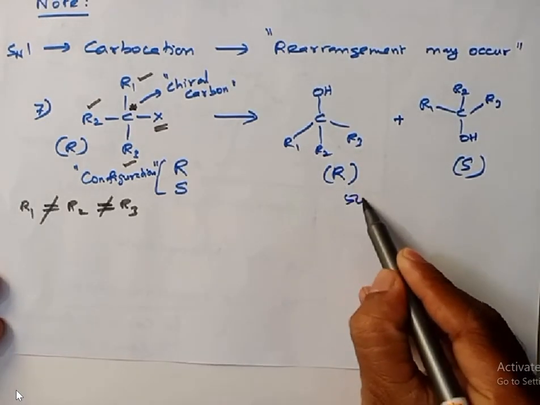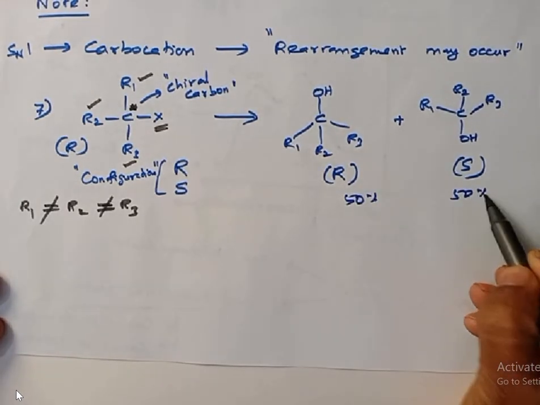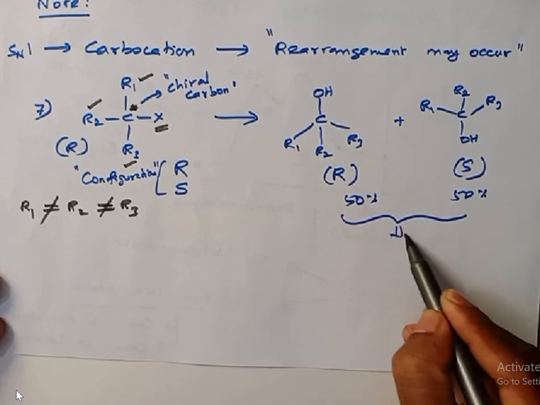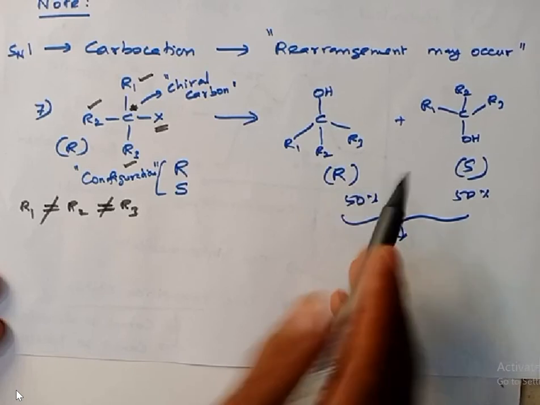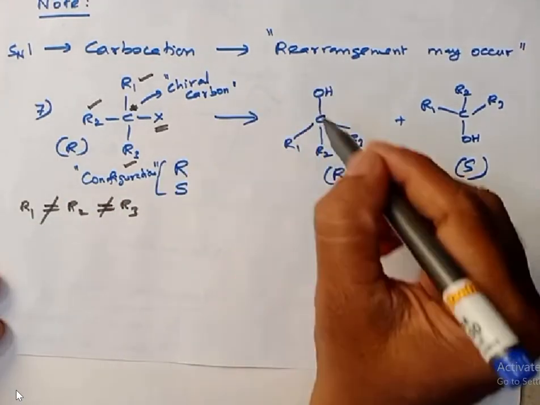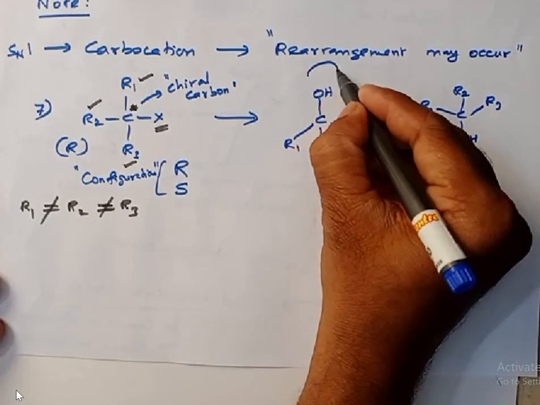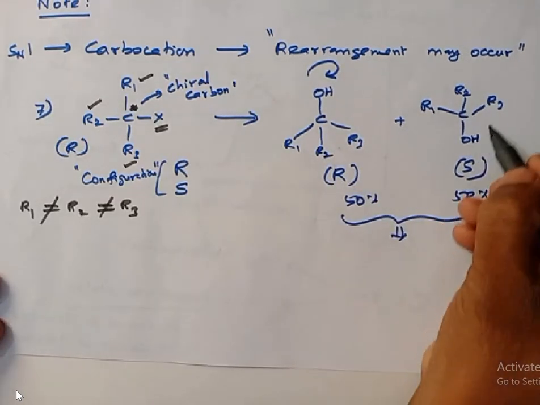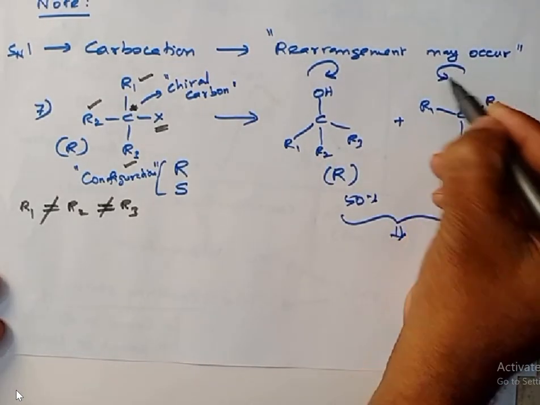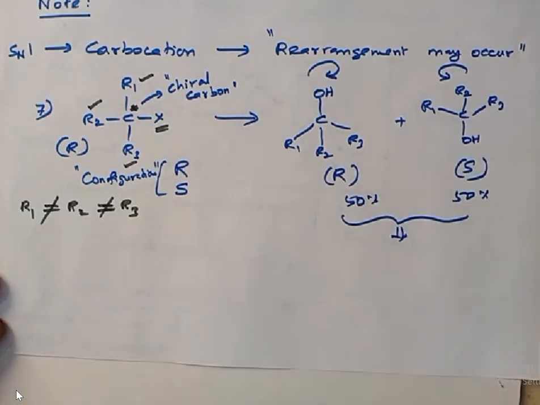Therefore, if I get 50% of this and 50% of this, what type of mixture will I get? Suppose the molecule having R configuration rotates the plane polarized light clockwise, then the molecule having S configuration will rotate the plane polarized light anti-clockwise.